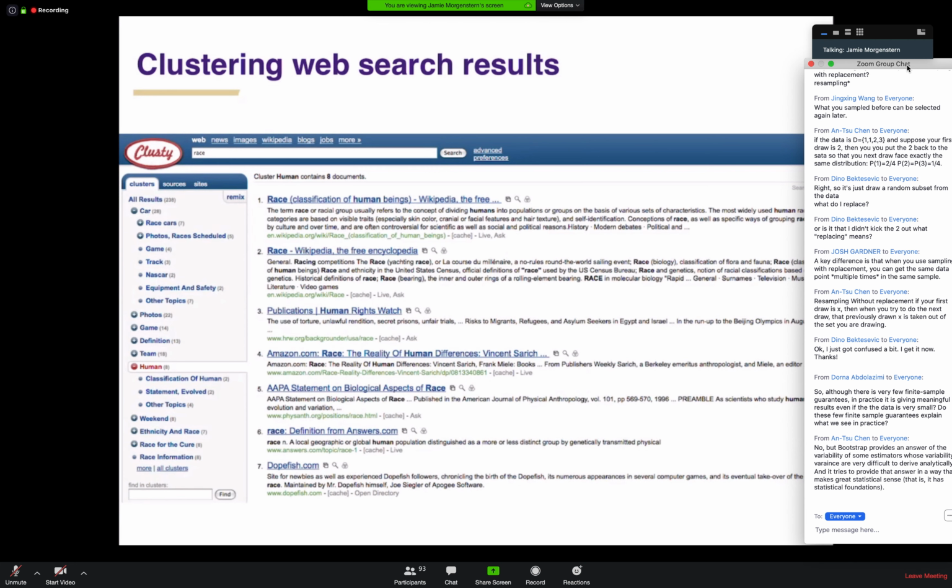Similarly, if you're working for some large search engine, you might want to be able to cluster your search results into different categories. If you search for something such as the English word race, it has several different meanings within the English language.